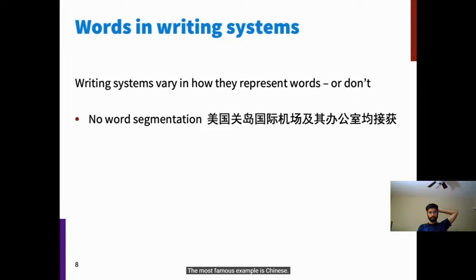The most famous example is Chinese. But an interesting fact for those of European ancestry is that when the ancient Greeks wrote ancient Greek, they didn't put spaces between words either. It was a later invention of medieval scholars who were recopying their manuscripts, who decided maybe it'd be easier to read if we put spaces in, and they started doing it.